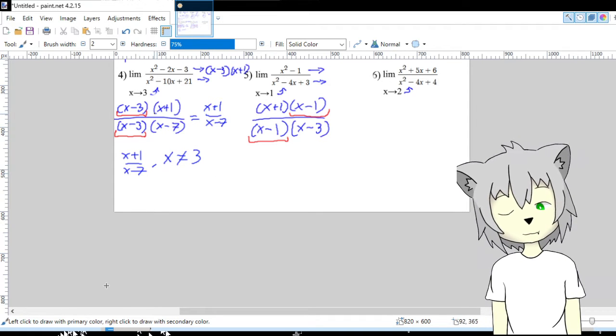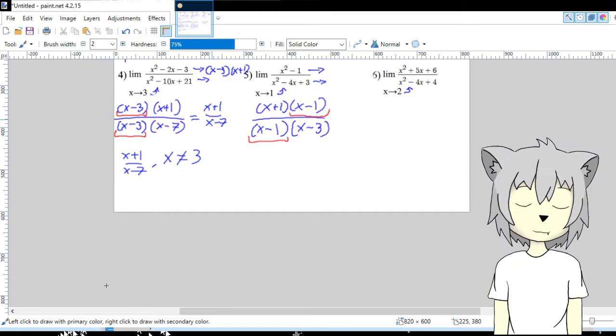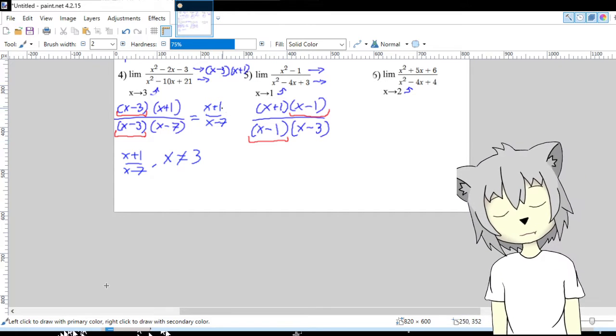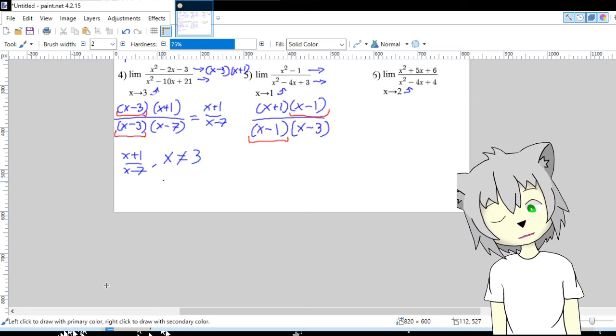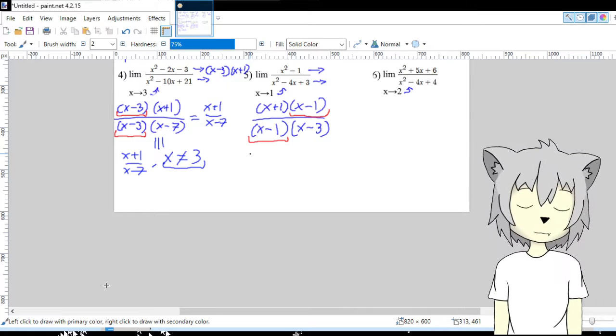If you plug in 3 here, it will just end up being a 0 and it's not determined. So these two things are the same thing, but you have to include this in order for them to be the same thing.